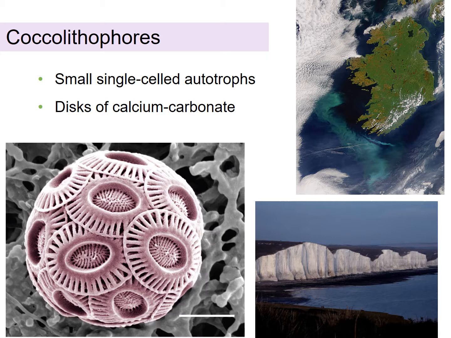On the lower right, I have an image of the chalk cliffs, or the white cliffs of Dover. These cliffs are made mostly out of these microscopic little plates of coccolithophores. So what these guys don't have in size, they make up by quantity.